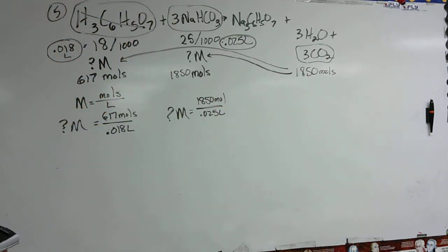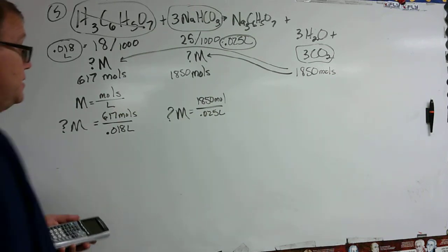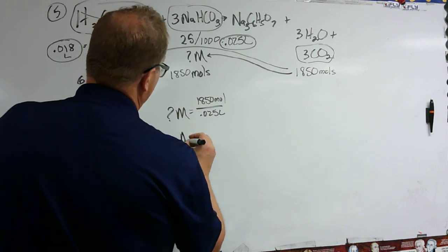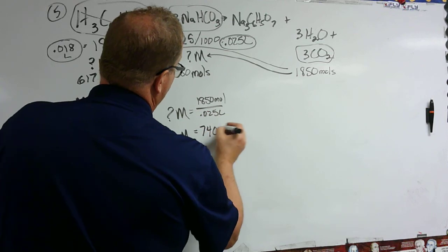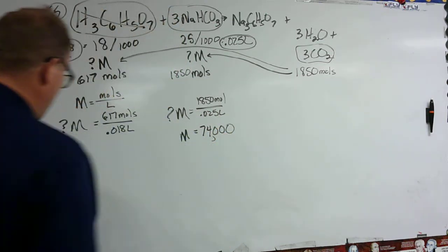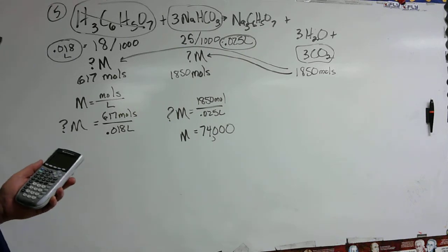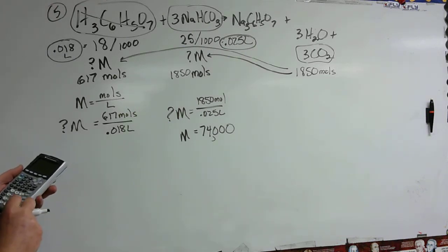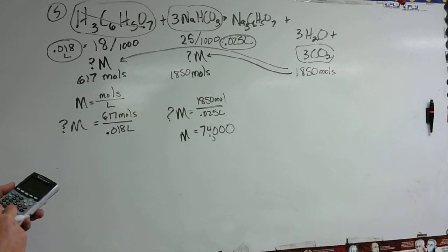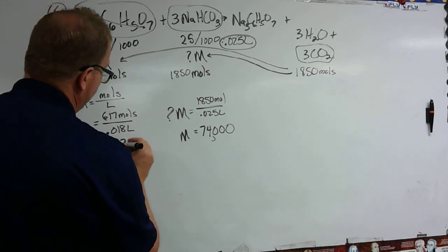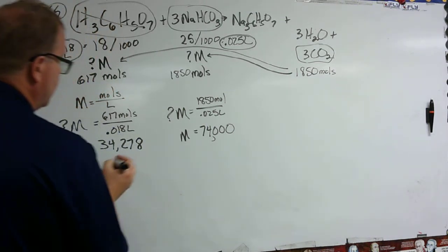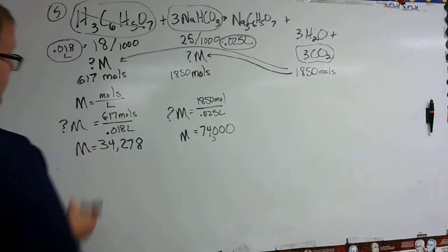Again, it's way too high, but we just go with what's required. And my molarity equals 74,000 here, and this one's going to be, let's see, 617 divided by 0.018, which is 34,278. So my molarity will equal this.